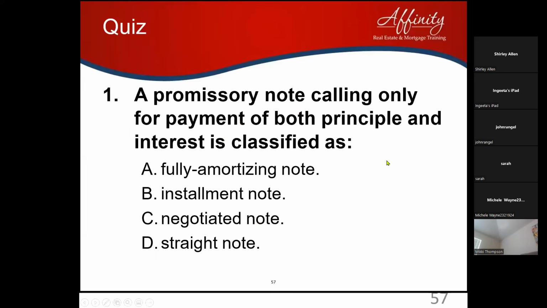Let's do a little quizzy here. A promissory note calling only for payment of both principal and interest is called what? Which one of those are we talking about? Post in the chat. Come on now, more than one person knows this.